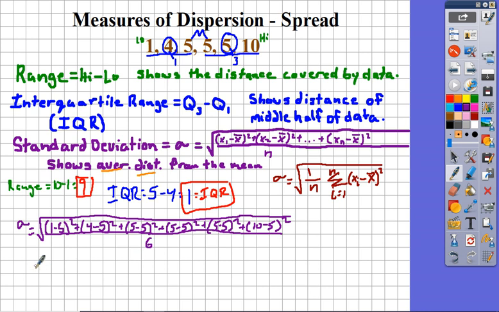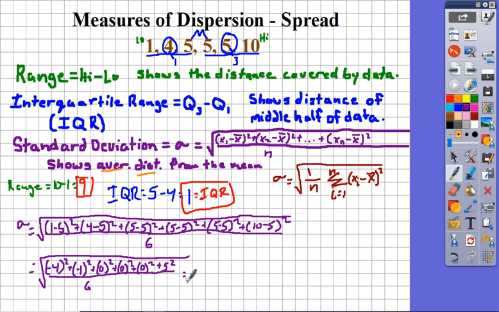So, as we keep simplifying this, we get the square root of all of this over 6. 1 minus 5 is negative 4 squared, plus 4 minus 5 is negative 1 squared, plus 5 minus 5 is 0 squared, 5 minus 5 is 0 squared, 5 minus 5 is 0 squared, plus 10 minus 5 is 5 squared.